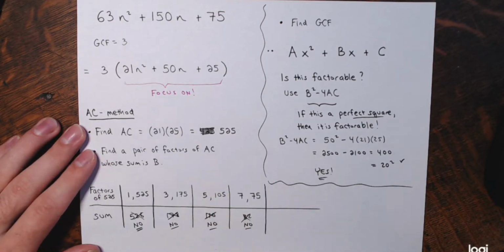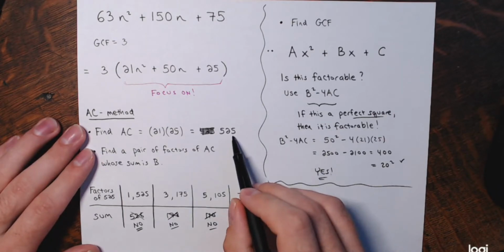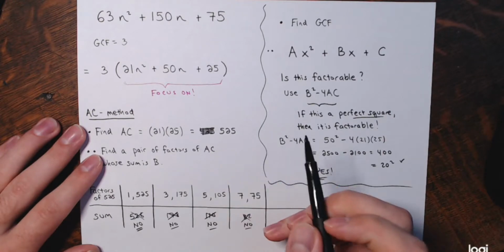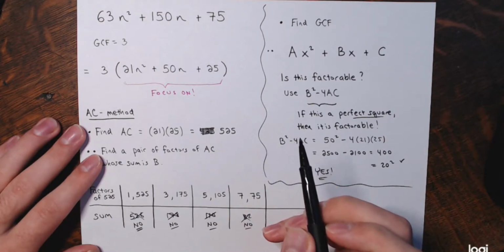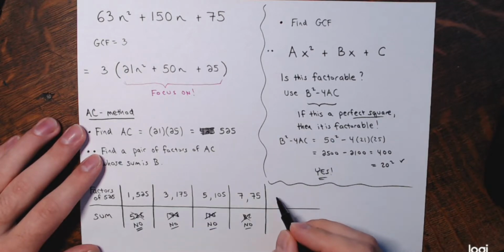8 doesn't go into this evenly. 9 doesn't go into this evenly. The sum of the digits is 12, that's not a multiple of 9. 10 doesn't. 11 doesn't. 12 doesn't. 13 doesn't. 15 would, because 3 and 5 do.